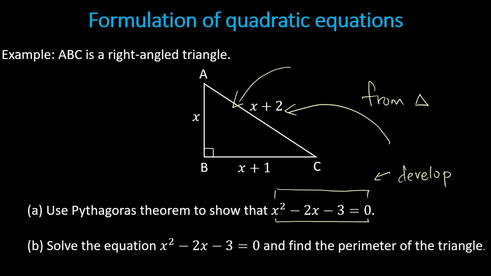And how can we formulate the quadratic equation from the triangle? It's by using Pythagoras theorem. Okay? And part B of the question says we need to solve the equation and find the perimeter of the rectangle. Okay? So let's start with part A.